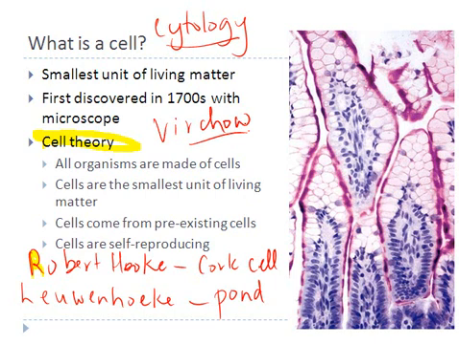In other words, you have to have some sort of a structure in a living organism, whether it's a simple organism such as an amoeba or a bacteria or a much more complex organism like a person or a frog or a rabbit, or a plant or a tree. So all organisms, if they were alive, were made up of cells.